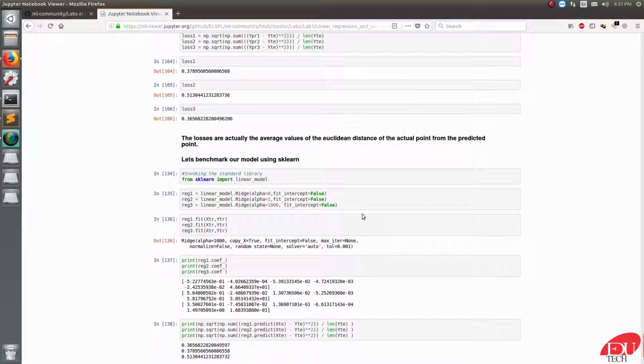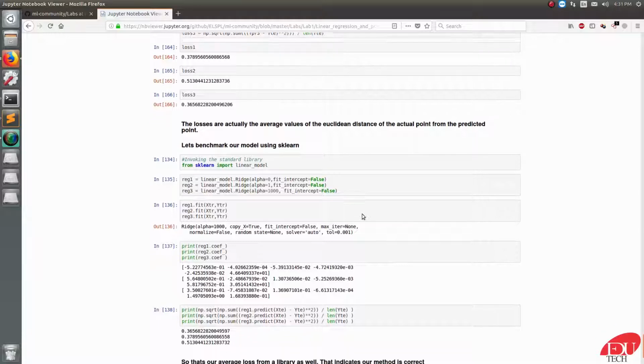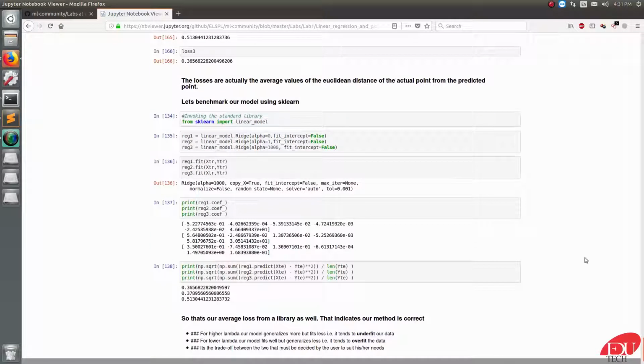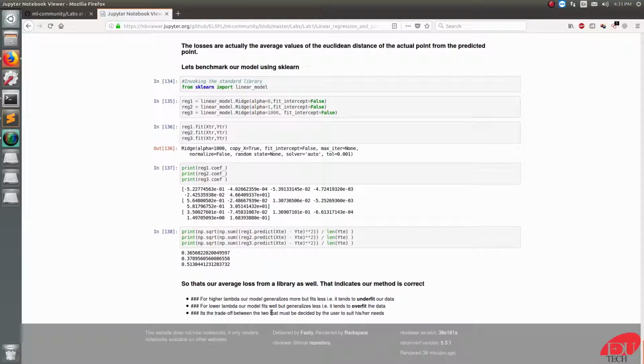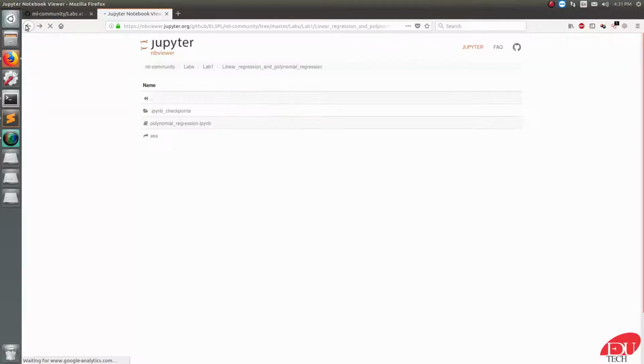So sklearn is a very good library, but I would suggest doing things from scratch as well to understand the underlying concepts, and use sklearn only to benchmark the models that you have created. So we have this benchmarking, some footnotes, and that's the notebook for regression.